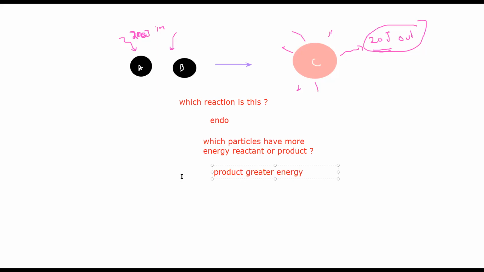And if we sketch an energy diagram for this reaction, the reactants will have low energy and the product will have high energy.